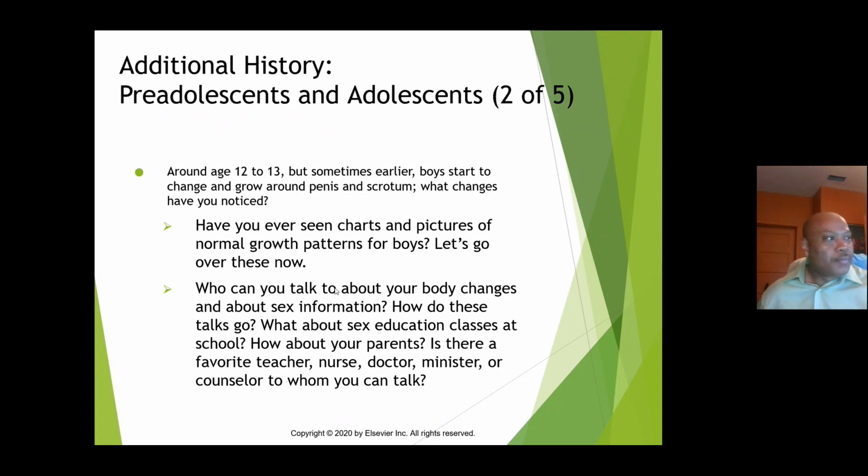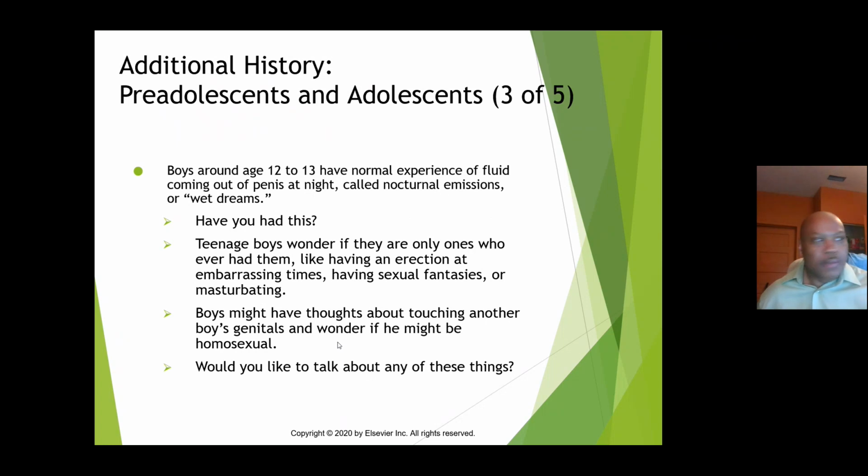Then, around the same age, 12 to 13, boys normally experience fluid coming out of the penis at night, and we call this nocturnal emissions, also known as wet dreams. You want to know if they've ever had it.